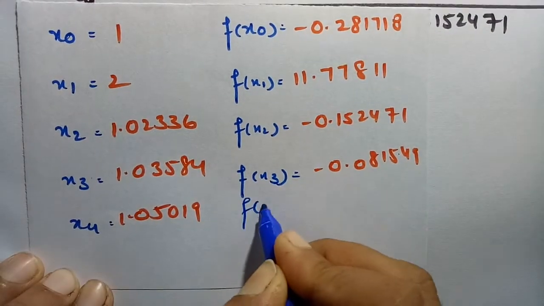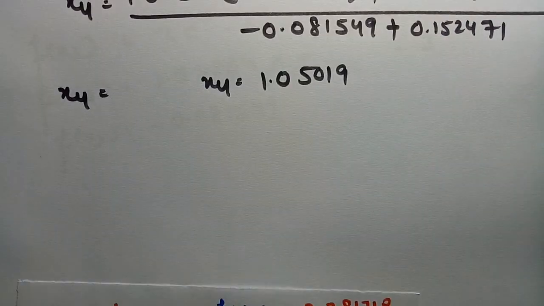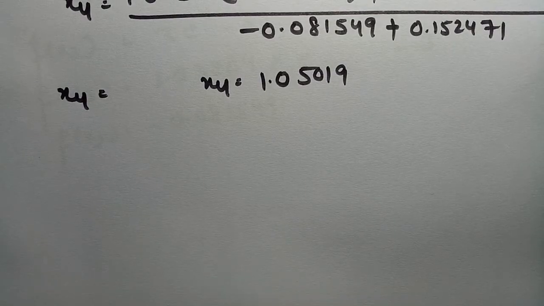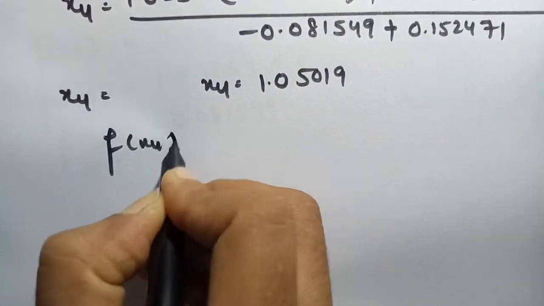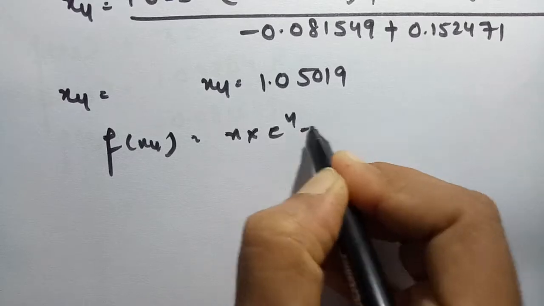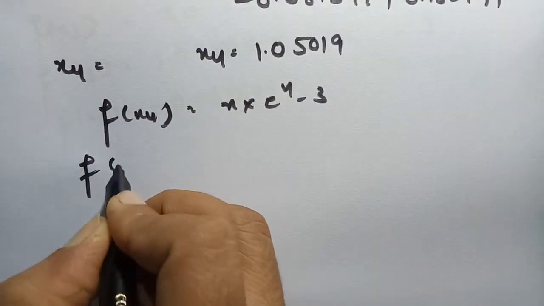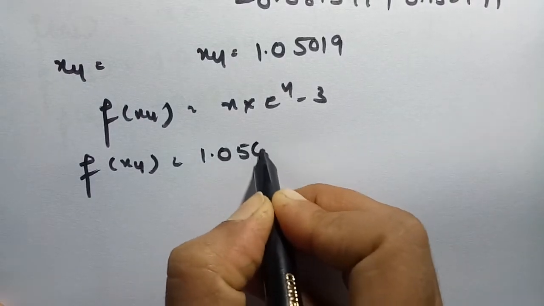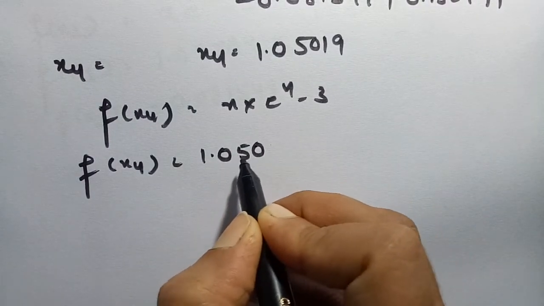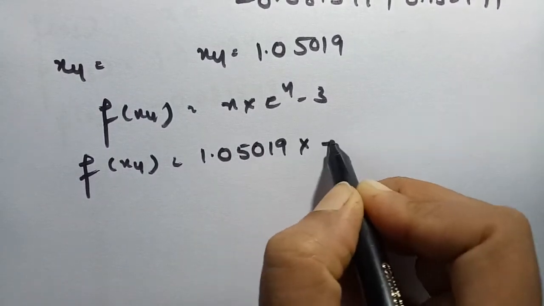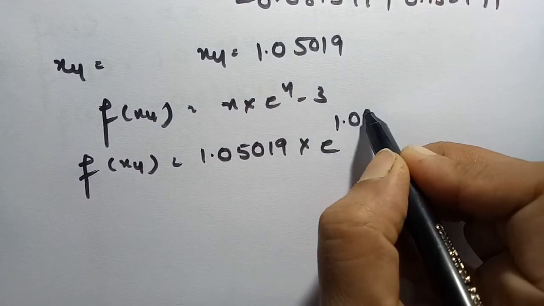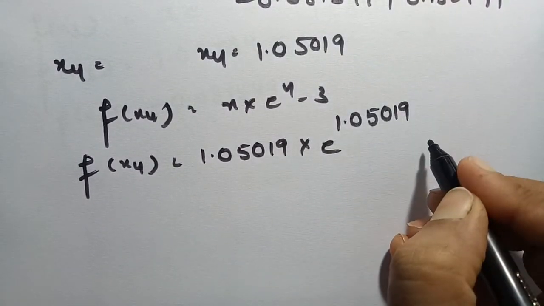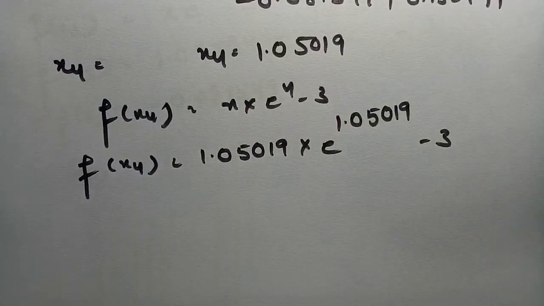So if I go with f of x4, then f of x4 value will be x into e power x minus 3. So what is our x value? 1.05019 into e power 1.05019 minus 3.